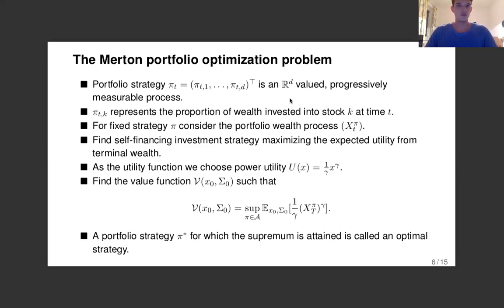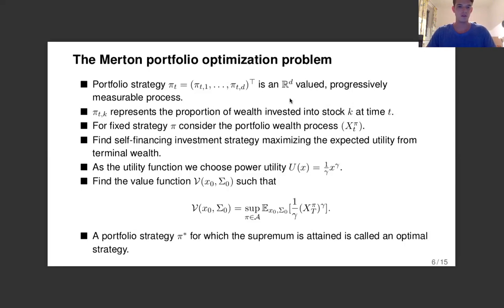The aim of the Merton portfolio optimization is now to find a self-financing investment strategy which maximizes the expected utility from our terminal wealth. So in our studies, we assume that our investor has a power utility function, which means that his utility can be described as 1 over gamma times x to the power of gamma.